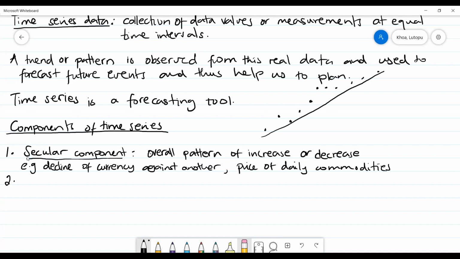The second one is the cyclical component. Now, the cyclical component, this one is long-term wave-like patterns.